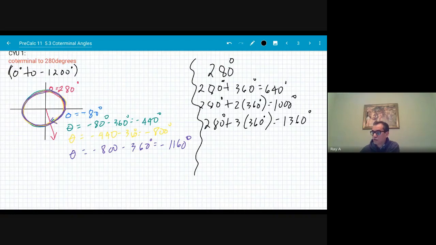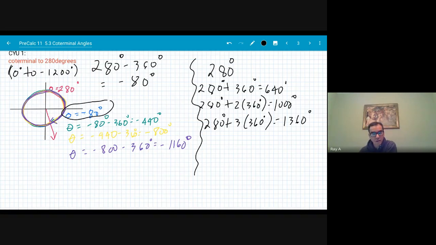For this one here, that is just the result of 280 minus 360, or plus negative 360, and it gives you negative 80 degrees. Then you added negative 360 after, giving you negative 440, and so on and so forth. So really, the expression that would give you all of the coterminal angles would be 280 degrees plus 360 times n.